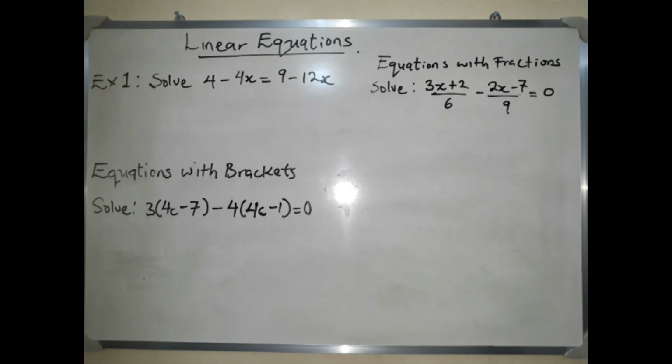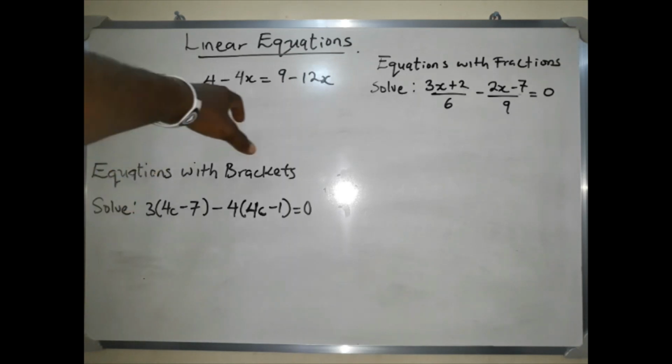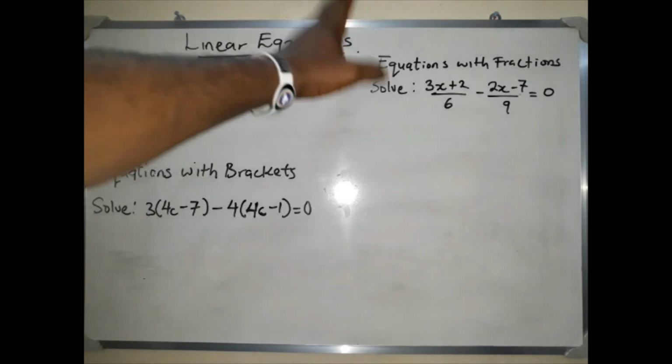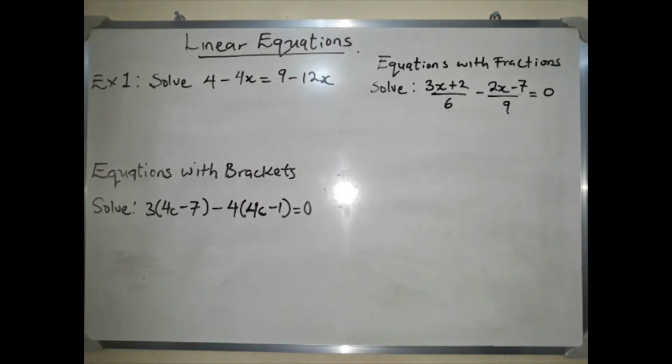Now, as you can see, the equation here has two sides. It has a left-hand side and it also has a right-hand side. For the left-hand side, there's a number as well as the right-hand side. And then for the left-hand side, we have an algebraic term like 4x. And then we have another algebraic term on the right-hand side, which is what? 12x.